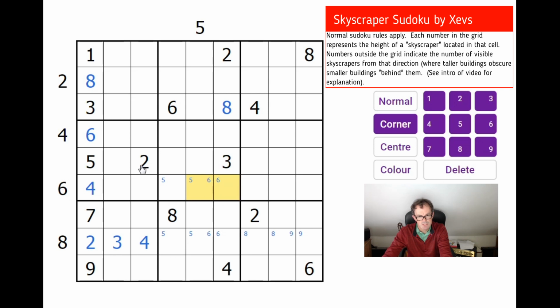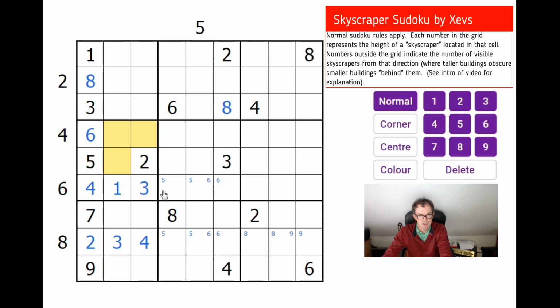In this, it's the 2 that's getting in the way of the strict ordering in this row, because this 2 obviously cannot go in either of these positions, so it's going to have to take a position over here, and it can only take one position. Therefore this must be a 1 and a 3 into these two squares. That's forced. So this is 3, 1. These are 7, 8, 9 now.